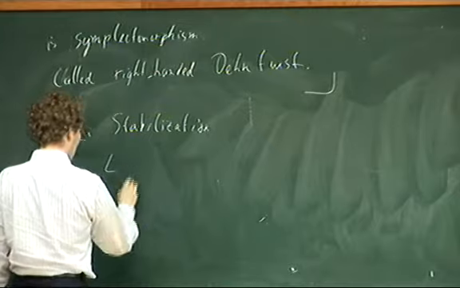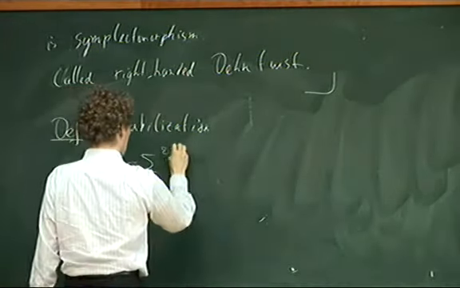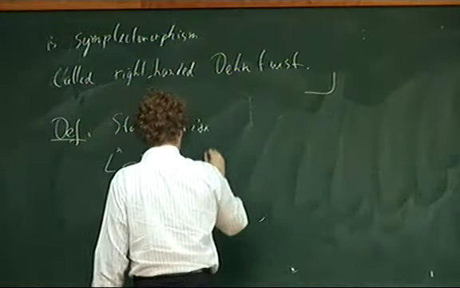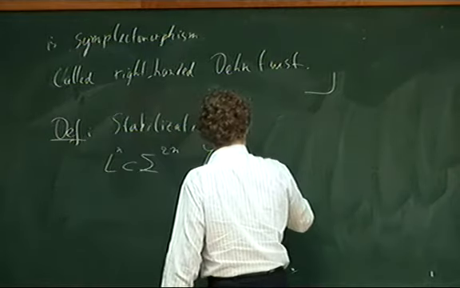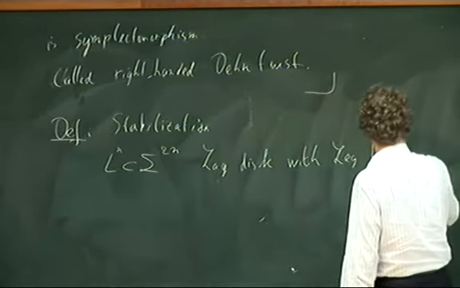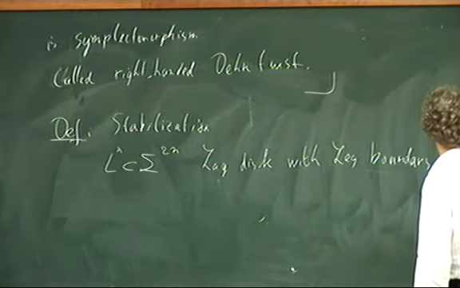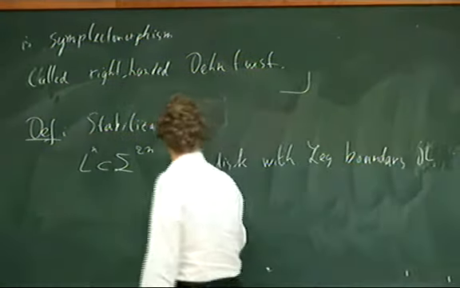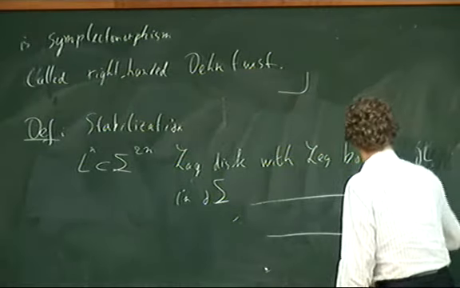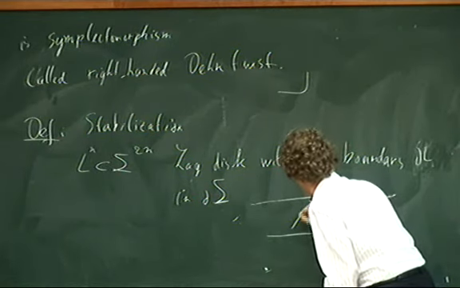Suppose that we have such an open book, and let L n in sigma 2n be a Lagrangian disk with Legendrian boundary in the boundary of sigma, say dL in d sigma. So the picture is like this. This is sigma, and then here we have a Lagrangian disk, and this should be a Legendrian.